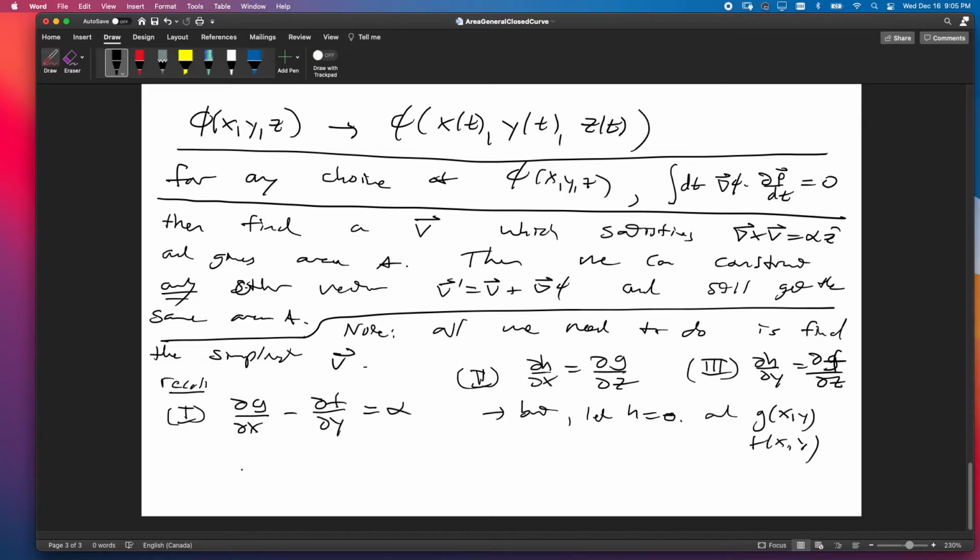So then we're going to let g of x, y be equal to alpha cosh squared phi times x. We don't even need a y.